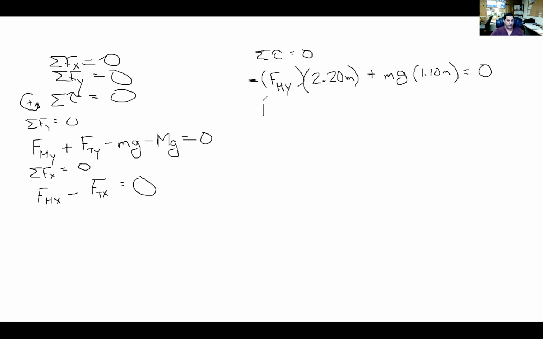If I solve for FHY, I get 1.1 times the mass of the beam, which they gave us was 25 kilograms, times 9.8.